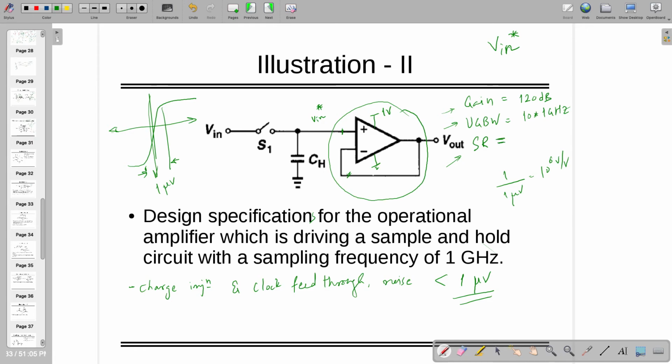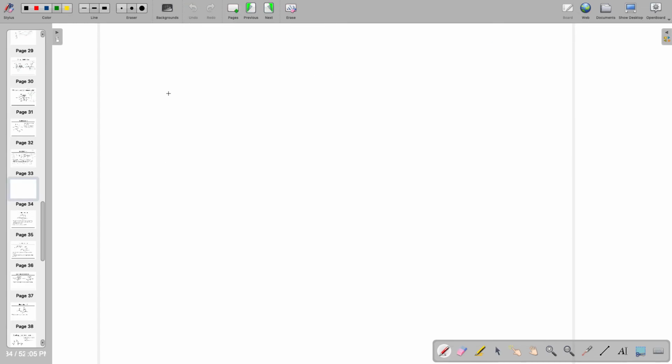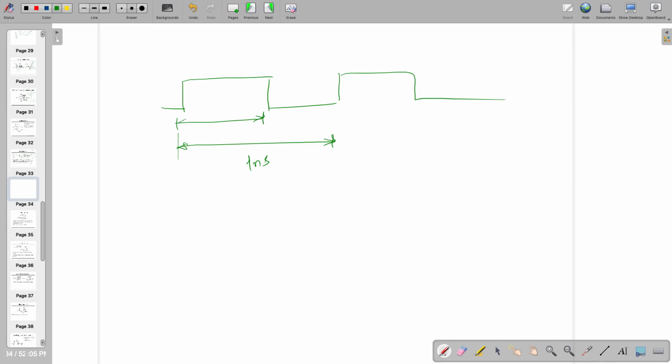What will the slew rate be in that case? dV by dt. So if your clock is 1 giga, you need to make sure that this slewing has to be within some budget.